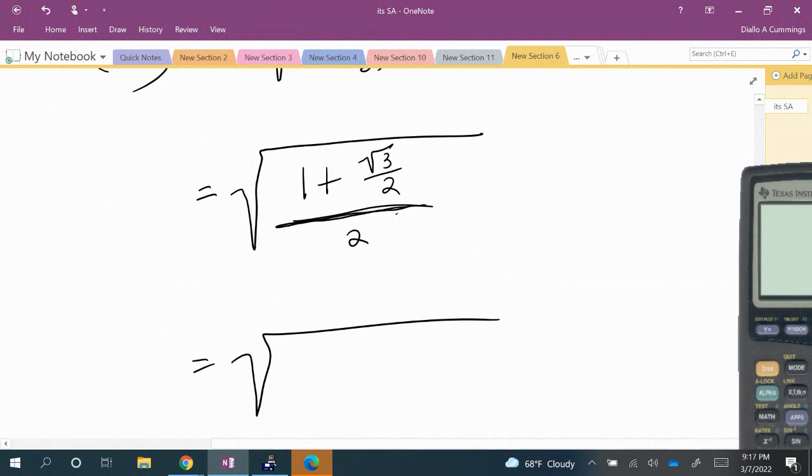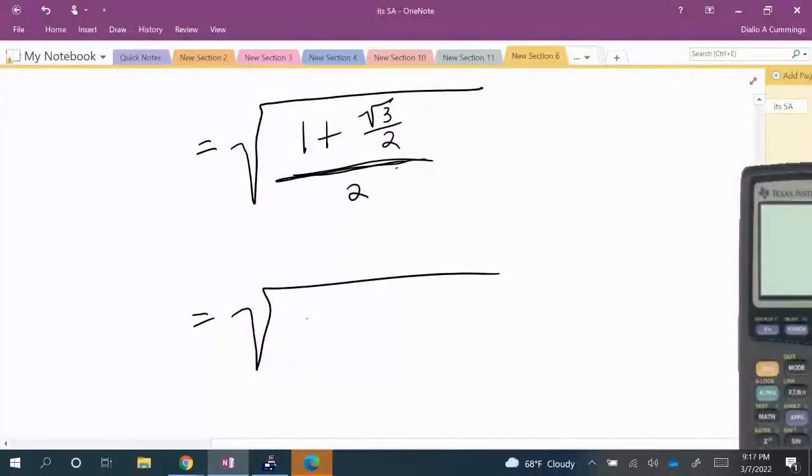So in order to do that, I'm going to multiply the numerator and the denominator by the least common denominator. Right, so if I look at all my numbers, this one has a denominator of 1, so we don't really use ones. The 2 has a denominator of 1, I could put anything over 1, that's a whole number. And my third term, the square root of 3 over 2, has a denominator of 2.